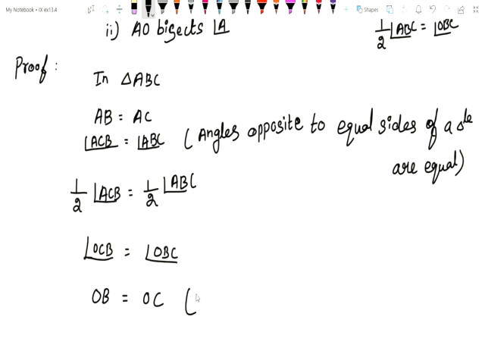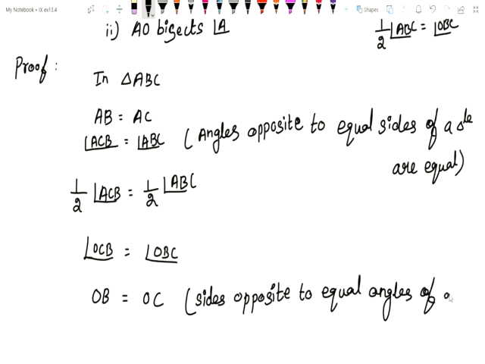Because sides opposite to equal angles of a triangle are equal.